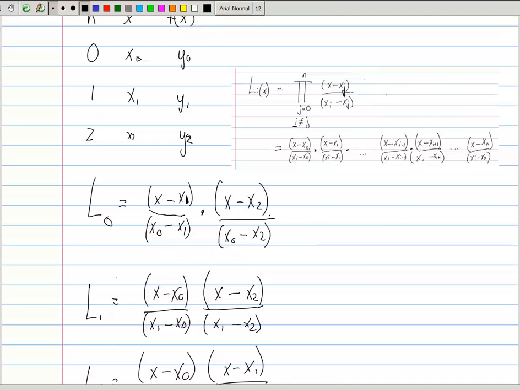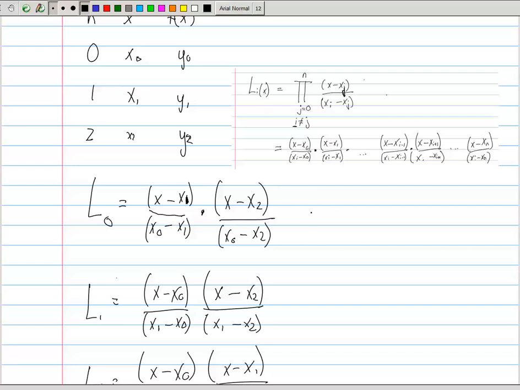Our polynomial is going to have L0 multiplied by y0. When x is x0, the denominator is all constants, but on top we will have x0 minus x1, x0 minus x2, so this is going to be a number. And our y, we will land up with just our y0.